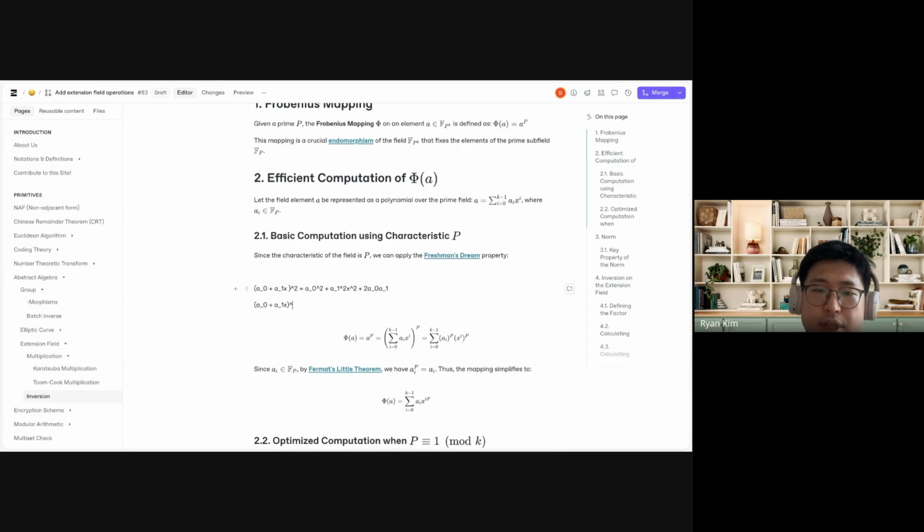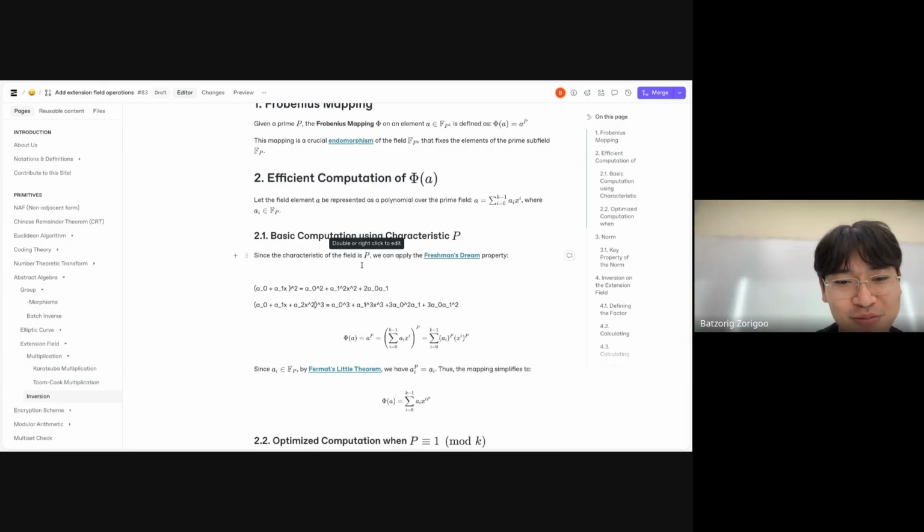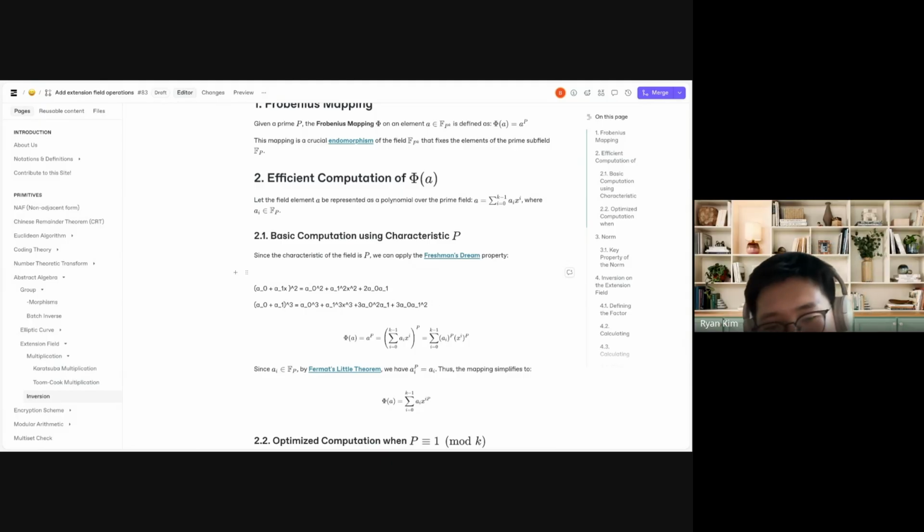For example, if you do the cubic, A0 cubed, 3 A0 squared A1 x, 3 A0 A1 squared x squared, and A1 cubed x cubed. These middle parts also have a coefficient of 3 because the characteristic of the field is 3.